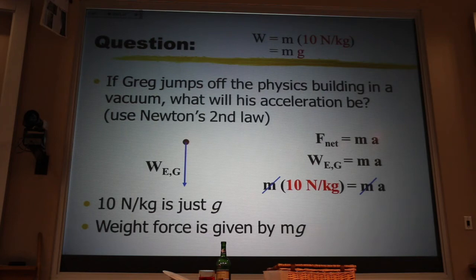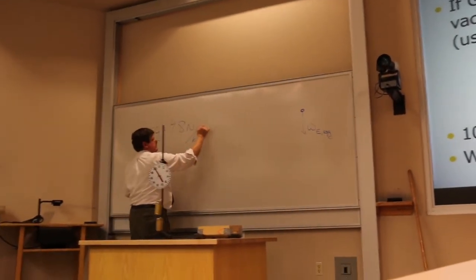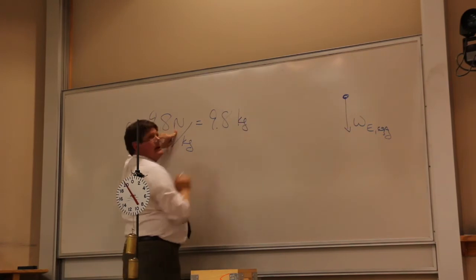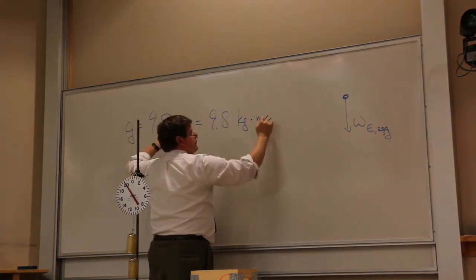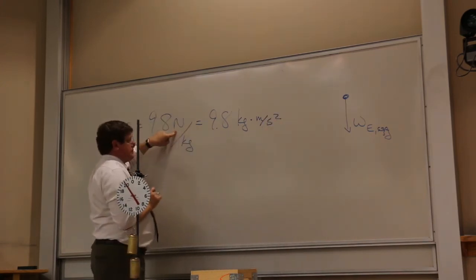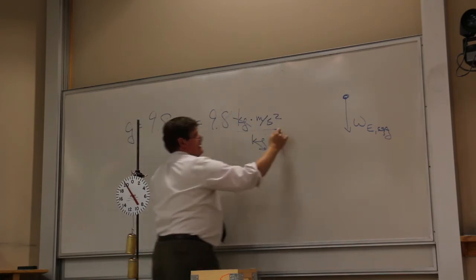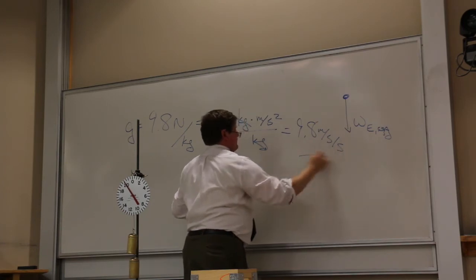The gravitational field strength is 9.8 newtons for each kilogram. But a newton is the force required to take 1 kilogram and accelerate it by 1 meter per second squared. And if I divide that by kilograms, I get 9.8 meters per second per second.